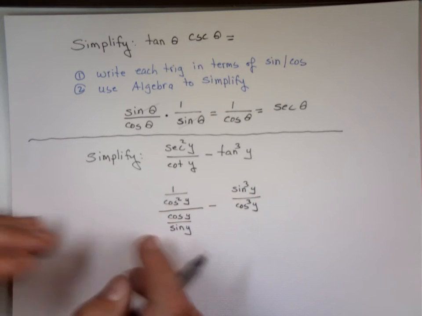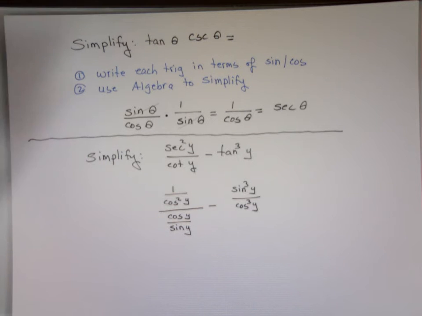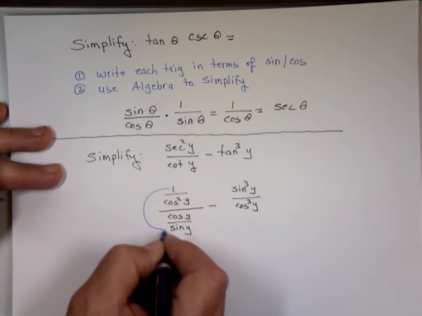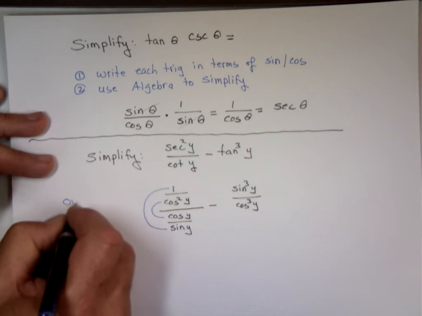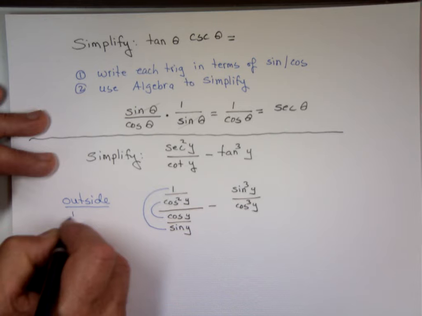And again, this is called a compound fraction. A fraction over a fraction is a compound fraction. To simplify that, the quickest way is you multiply the outside times the outside, and you divide it by the inside times the inside. So it's outside over the inside.